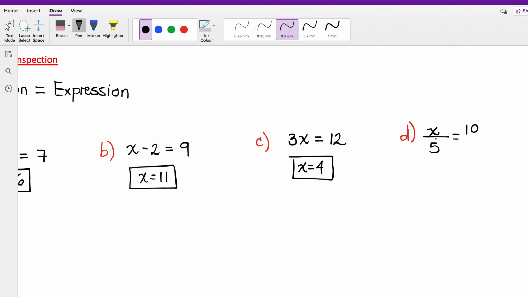So what number is that number that I'm dividing by 5 and is equal to 10? So you're saying 50, because when I do 50 divided by 5, I get 10.